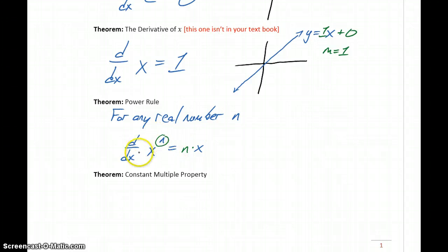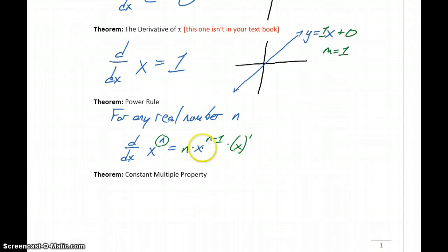So we just bring that value, that exponent, down in front of the original function, and the original exponent gets raised to the n minus 1 power. And then all of that will be multiplied by the derivative of x, which, as we just established up here, the derivative of x is always 1.